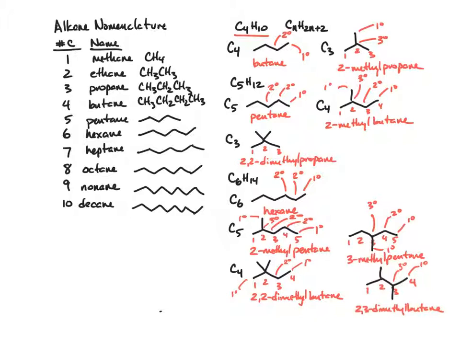So to briefly just sum up the rules for nomenclature, you want to find the longest carbon chain. That's going to give you the parent hydrocarbon in which you're naming the molecule. Substituents are bonded to that chain.